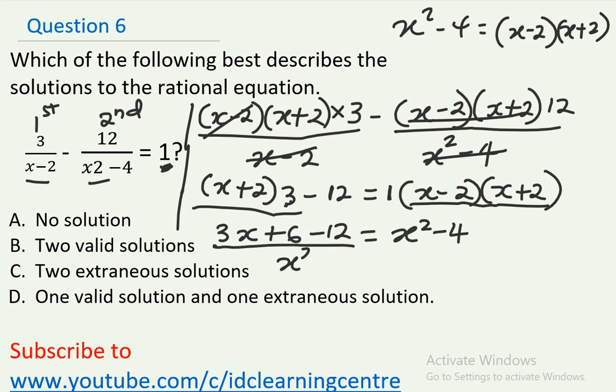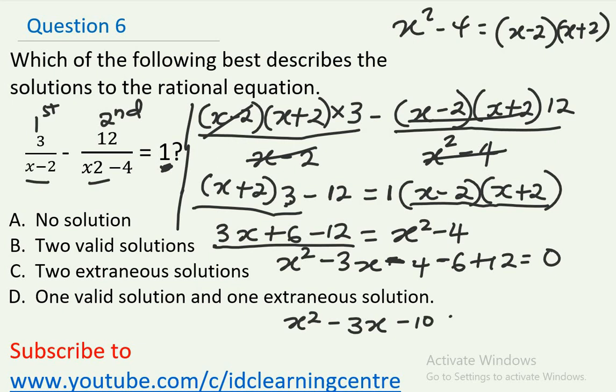So we have x squared, 3x crossing the equal to sign gives minus 3x, minus 4 is there, plus 6 crossing becomes minus 6, minus 12 crossing becomes plus 12, equate to 0. So this will give me x squared minus 3x minus 4 minus 6 is minus 10 plus 12 equal to 0. Okay, so this has given us a quadratic equation.